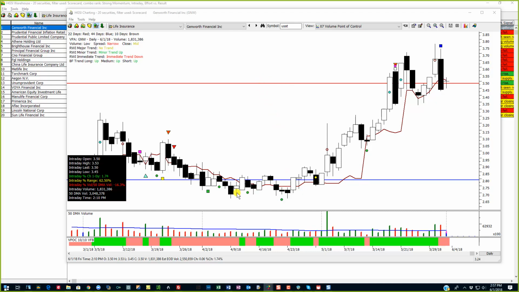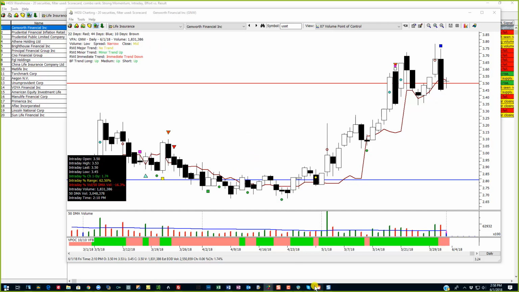I'll bring it up here in a minute and go over it. But these lines represent different periods of the volume point of control. Now, what's a volume point of control? It is where most of the volume has traded over different time periods.